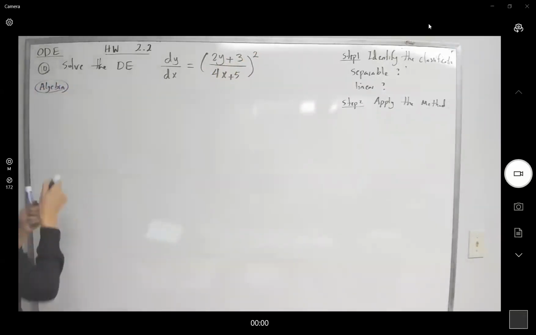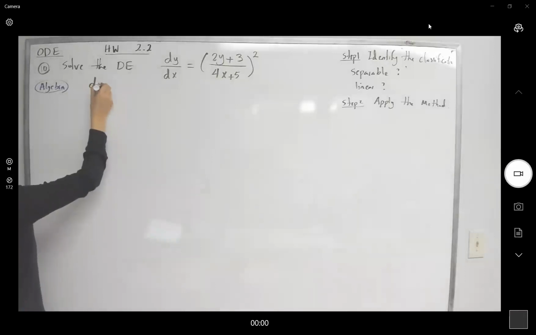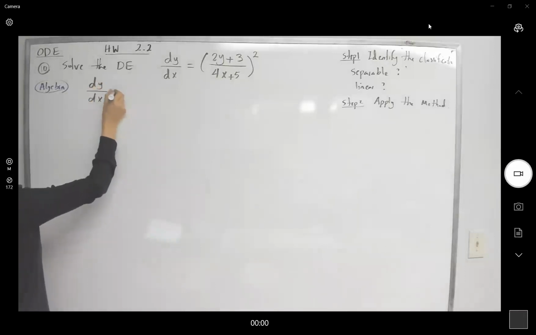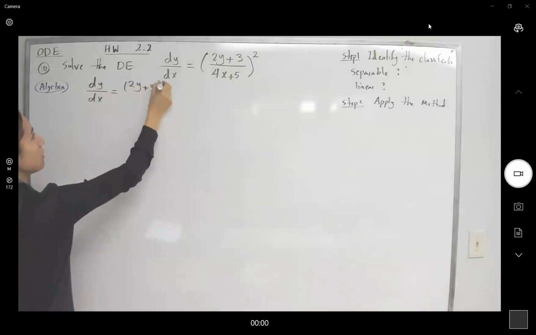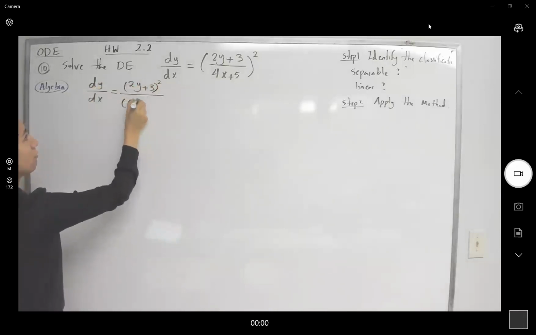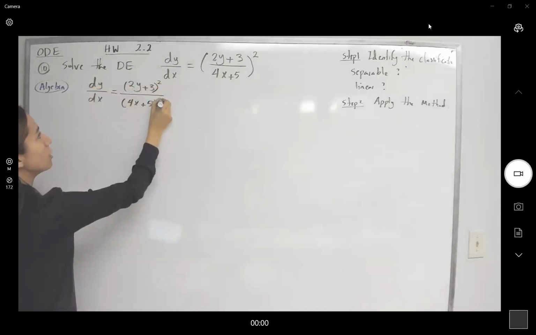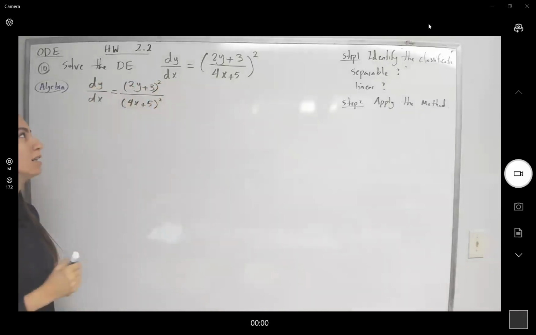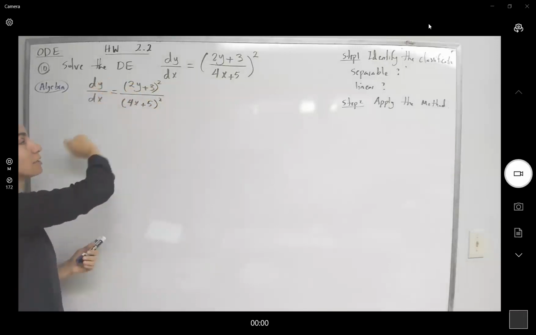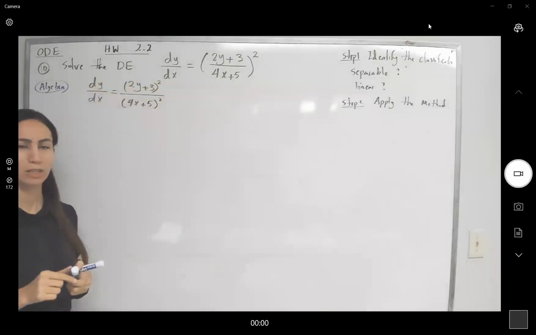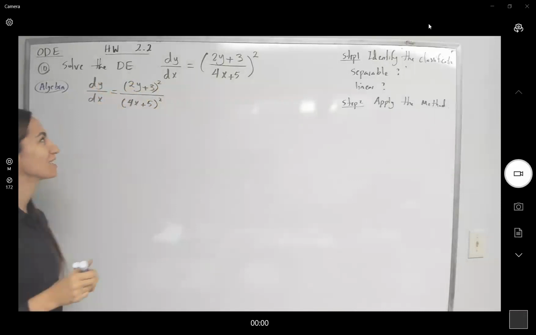You get dy over dx equals (2y plus 3) to the second power divided by (4x plus 5) to the second power. Well, I have an expression in y, I have an expression in x, and dy dx are on the other side. So let's multiply everything by dx.